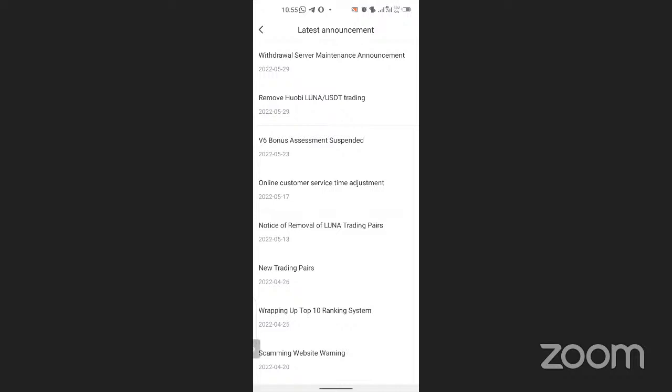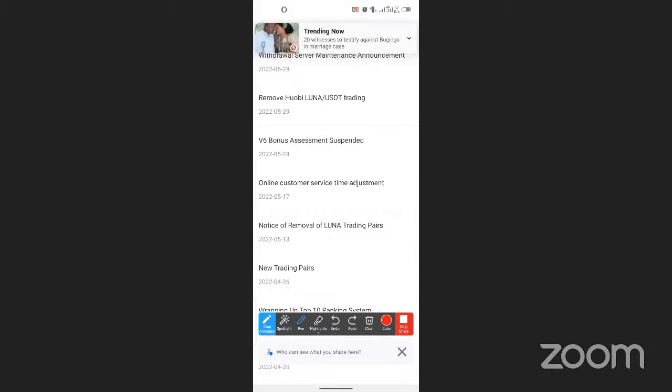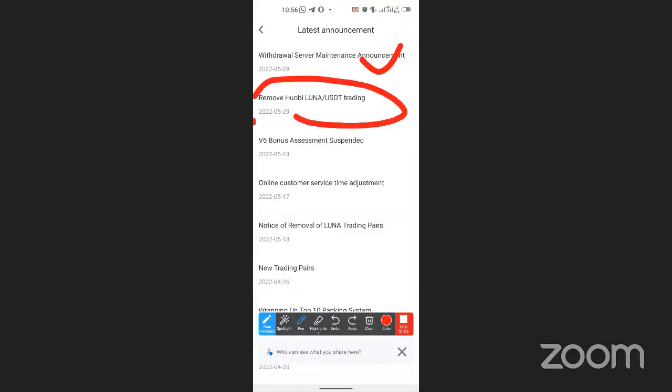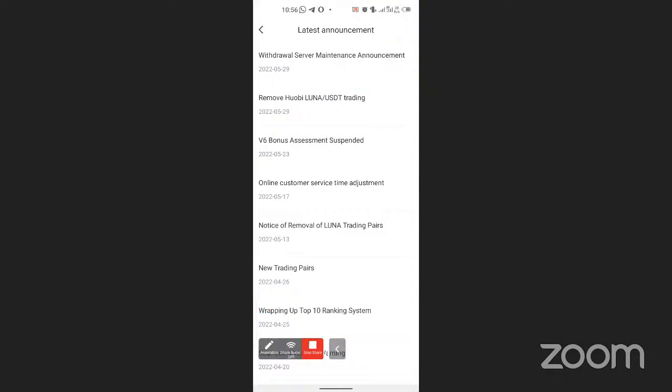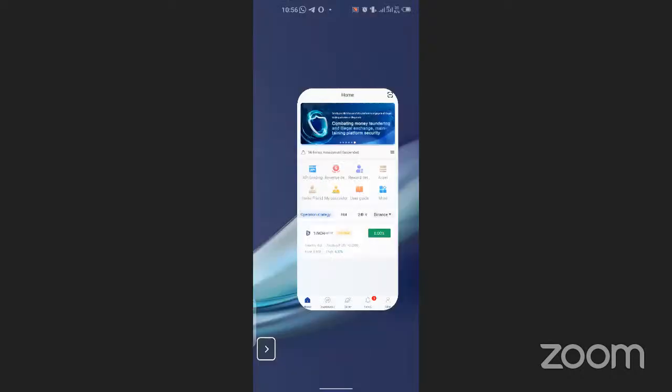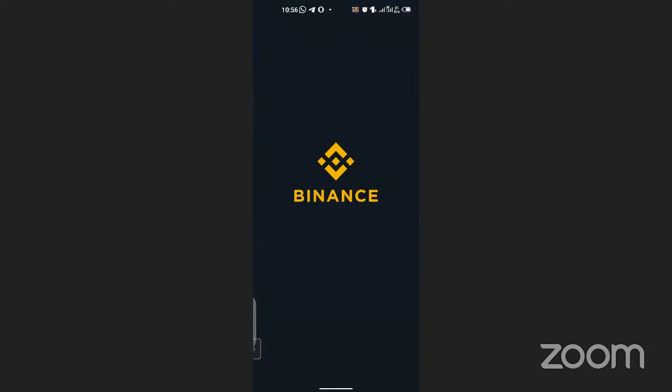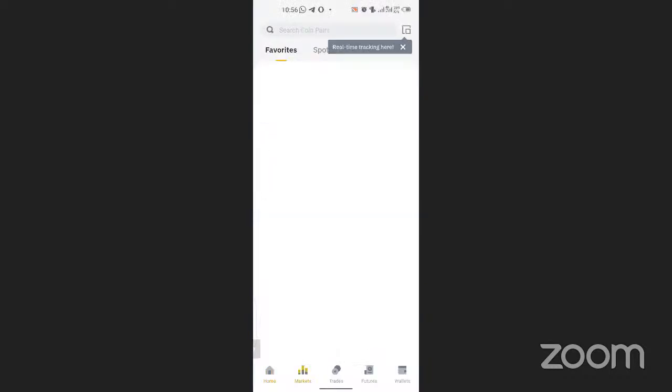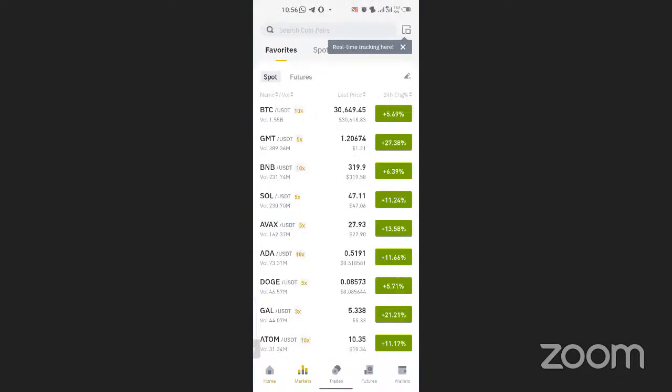So if someone still said, okay, I've been trading Luna stroke USDT and I want to continue, although Royal Q has removed that trading pair, it was up to you. Now the good news could be, I don't know what will happen in the market, that Binance will be opening this trading pair back into its own exchange. Let me show you.